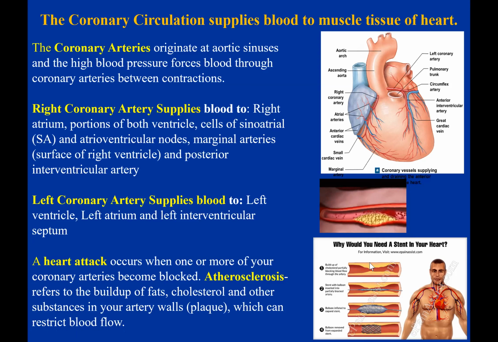This is called a heart attack, and this plaque is mainly because of fats and cholesterol. There are many TED Talks and YouTube videos that talk about how you can manage these plaques and even reverse them through lifestyle and exercise.